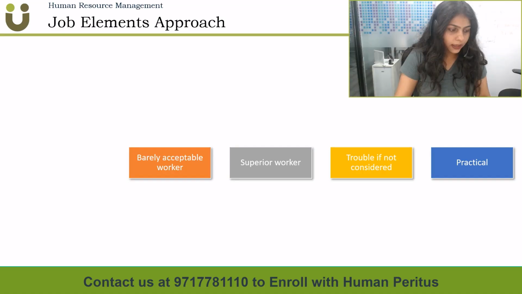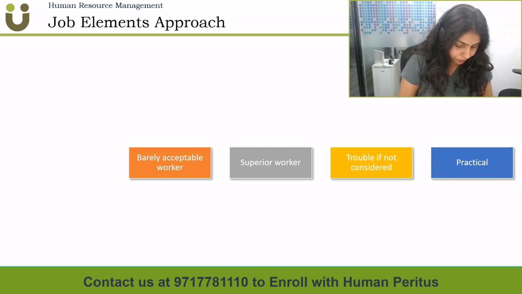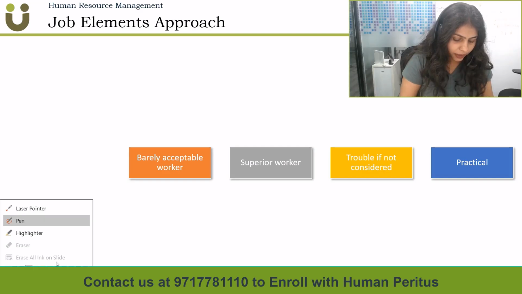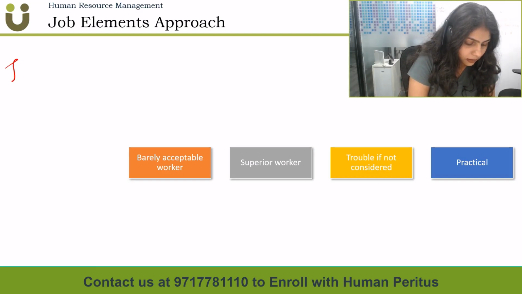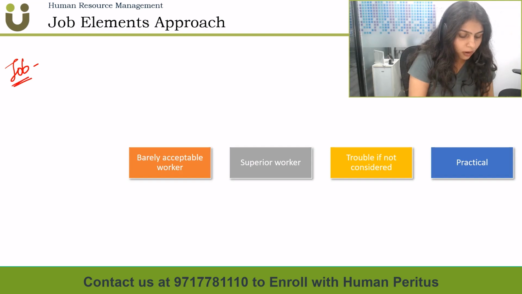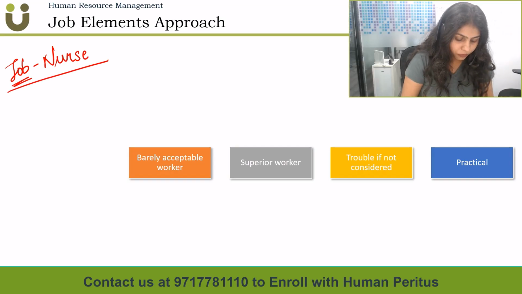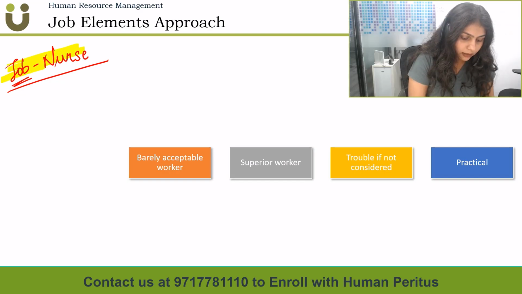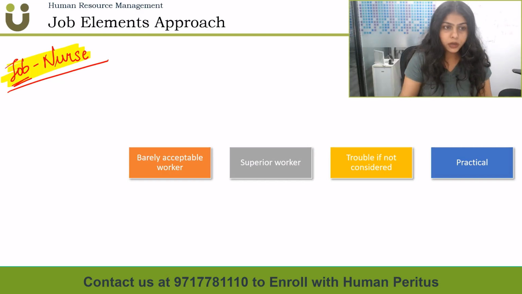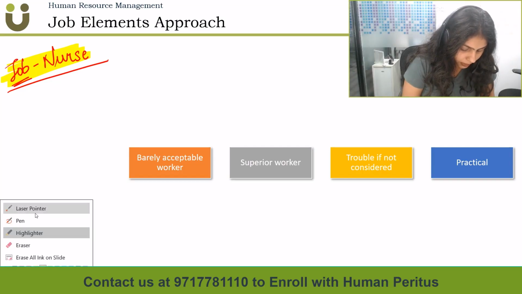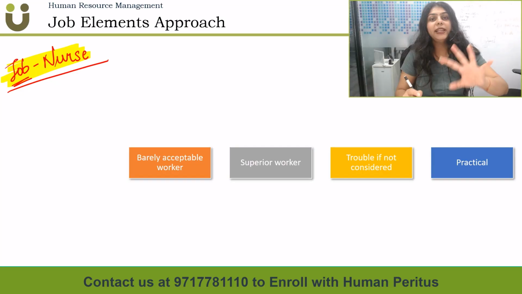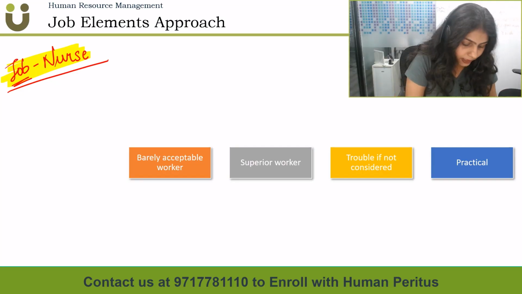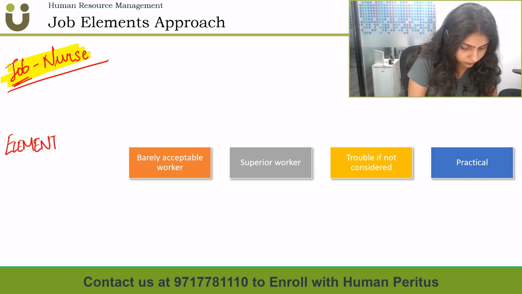Okay, so let's take an example. Let's say I am doing the analysis of the job of a nurse. Now first of all, as I explained, we need elements. So what are my elements?